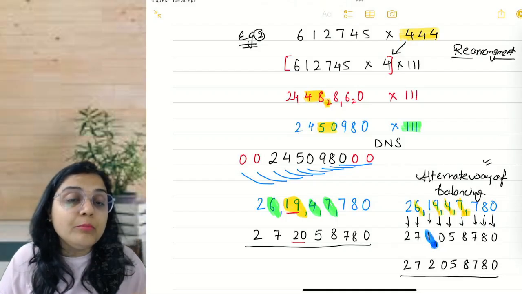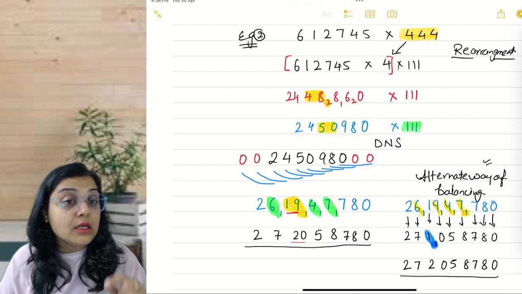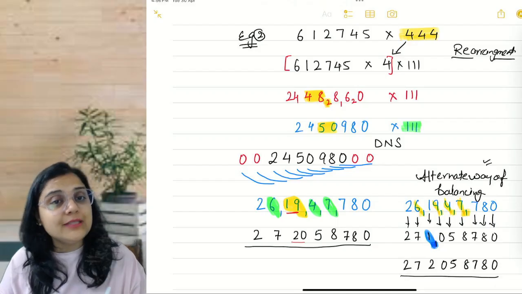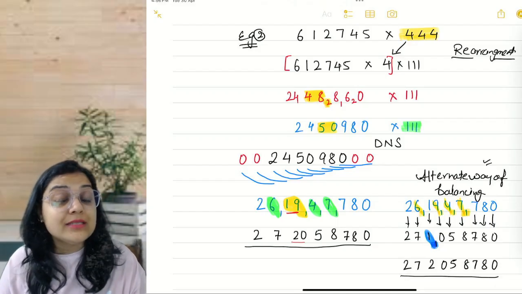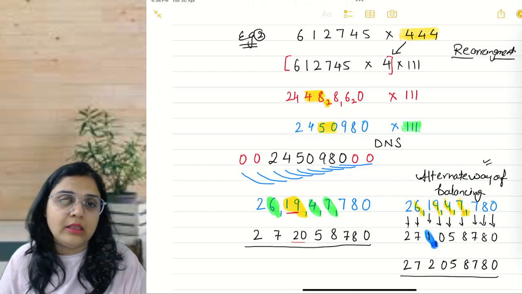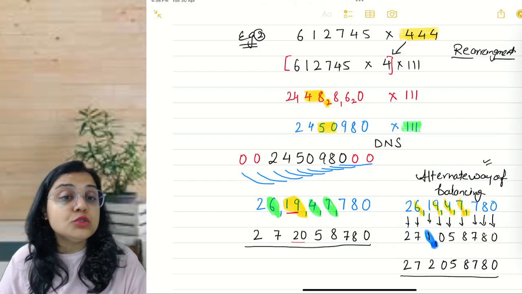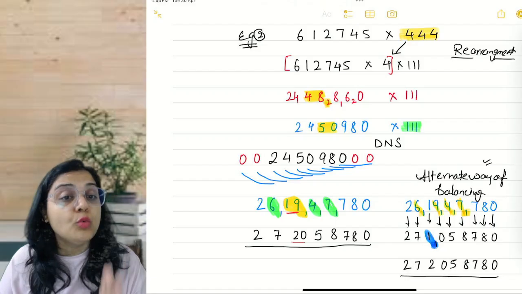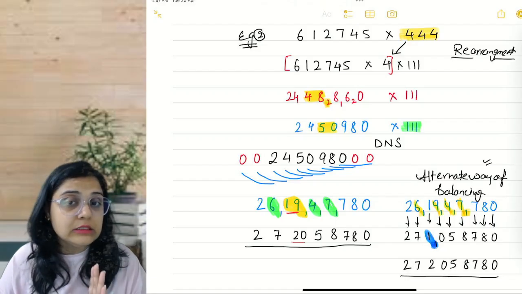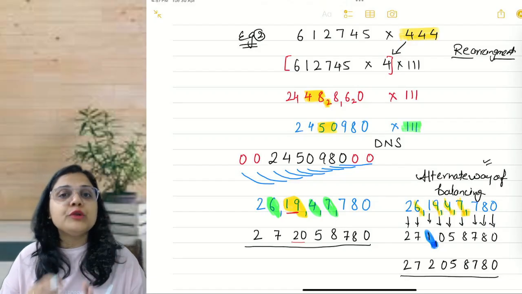So if you can adjust some balancing, some carries in the same steps, that will save even more of your time. None of the two methods are wrong. I suggest you choose the one in which you are the most comfortable, right? Okay, moving to the next one.